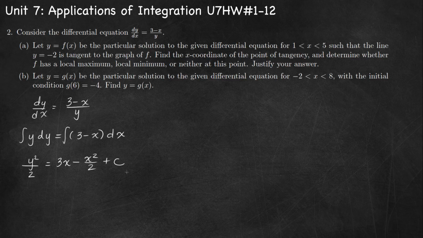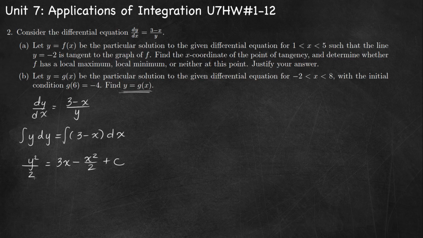Now I can solve for c and then solve for y, or I can solve for y first and then solve for c, whichever you like. We are asked to find y equals g of x, so we do have to solve it for y. In this case, I don't think the algebra is going to be too bad.